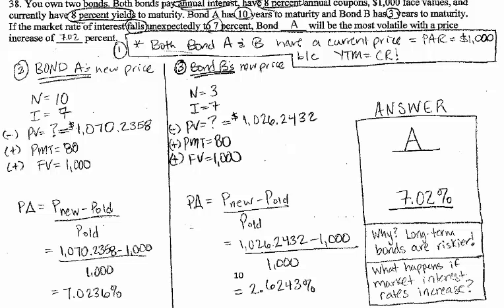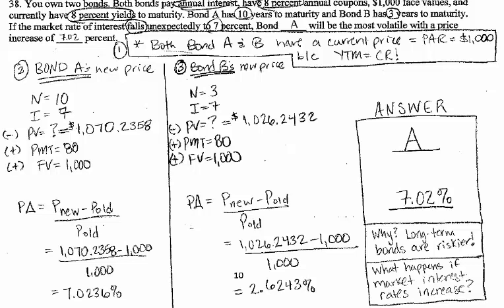What happens to these bonds, right? Which one's going to be more volatile to change in interest rates from a price perspective? And what is going to be that change? Okay, so if the market rate of interest falls unexpectedly to 7%, bond blank will be the most volatile with a price increase of blank percent. And those blanks will obviously be your answer choices on the exam.